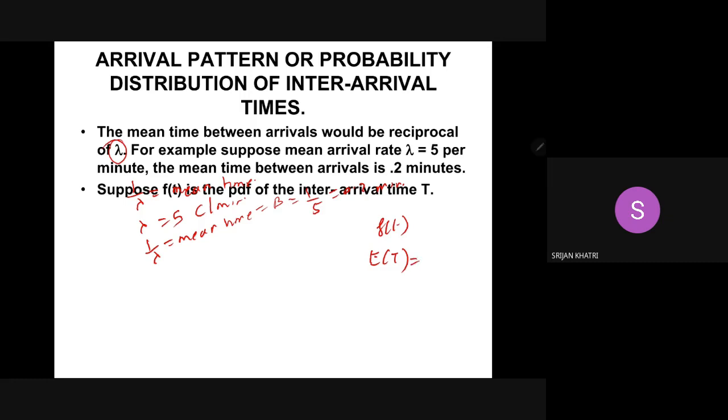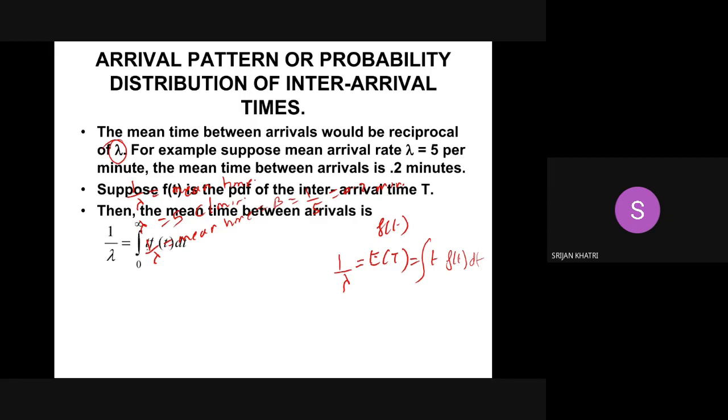Because T is a continuous random variable, it is the integral of t into f(t) dt. That is the mean arrival time. And the mean arrival time we denote by 1 upon lambda. So the mean time between arrivals is 1 upon lambda, equal to the integral from 0 to infinity of t f(t) dt.